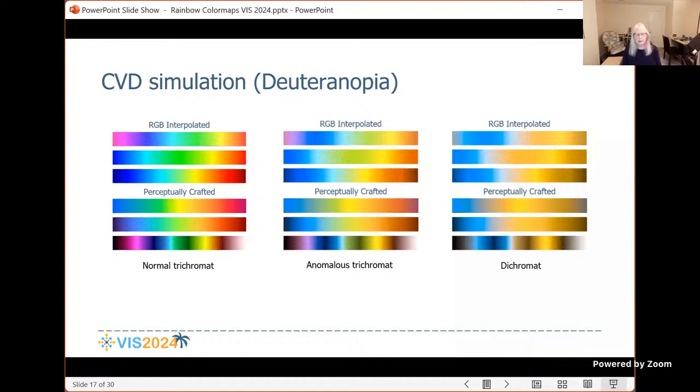However, hues start to collide. And in the dichromat case, you can see the rainbows. It's pretty hard. You have all of these colors in the center that are more or less the same: green, orange, and yellow. But if you don't have full-on CVD, because the colors are bright, it's often possible to still make sense of the rainbows, especially the perceptually crafted ones.